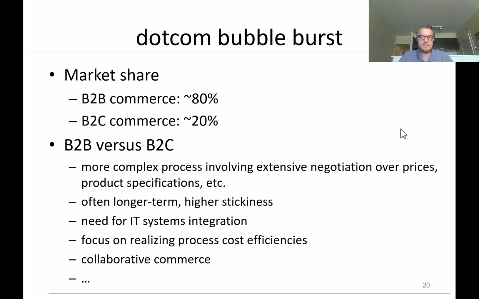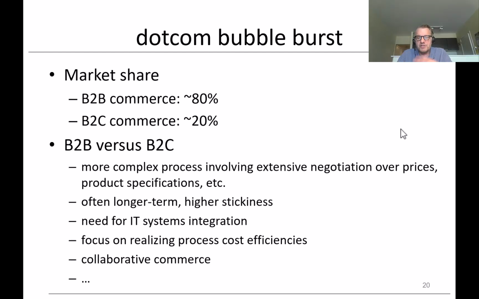B2B typically involves a more complex process because there's extensive negotiation over prices. Gillette and Carrefour are going to sit together and negotiate not only over prices and the products that should be delivered, but also all kinds of other terms like when the product should be delivered, when orders should be placed, and so on.